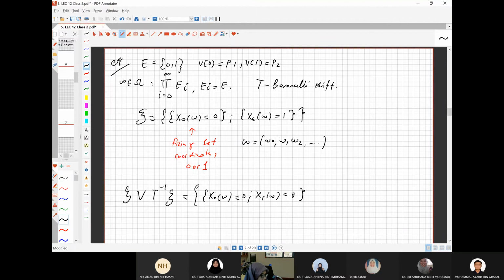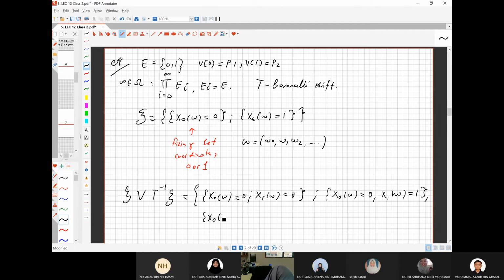So that means you're fixing two coordinates, 0 and 1. And last one you will have, so I can have another x0 omega is 0, x1 omega is 1.